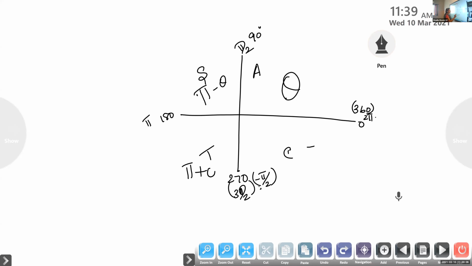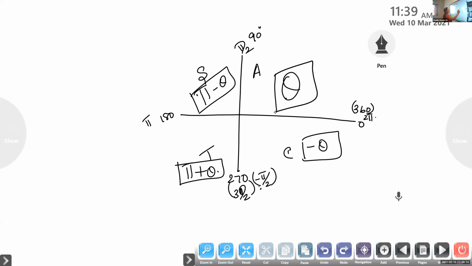In the third quadrant, that angle takes the form pi plus theta, which is more than 180. And in the fourth quadrant, it is minus theta. Once you draw this, we can start doing some questions.